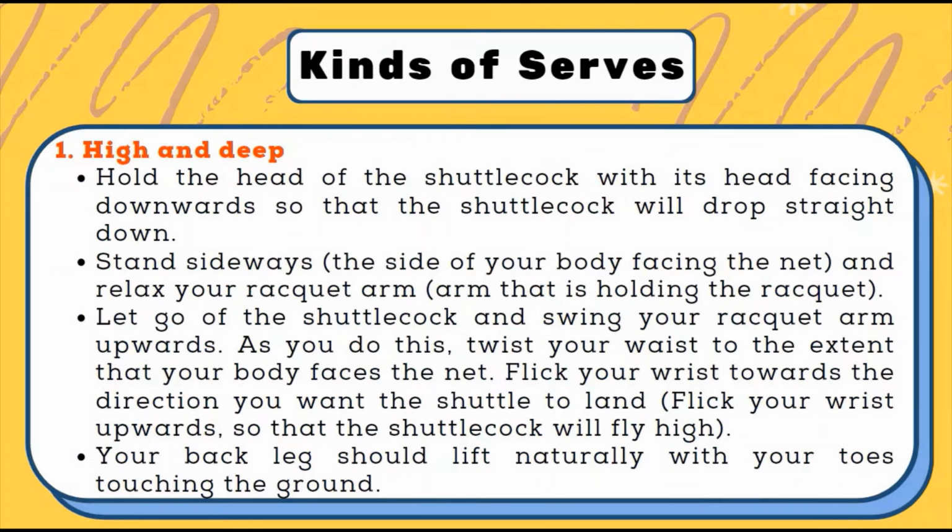Kinds of serves. Number 1. High and deep. Hold the head of the shuttlecock with its head facing downwards so that the shuttlecock will drop straight down. Stand sideways, the side of your body facing the net, and relax your racket arm that is holding the racket.